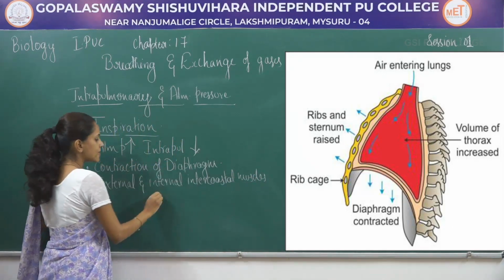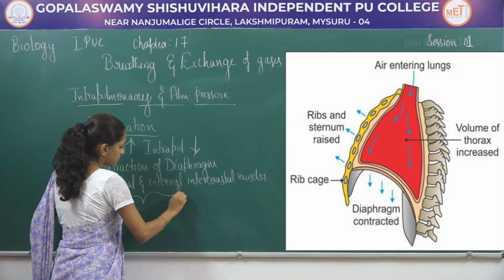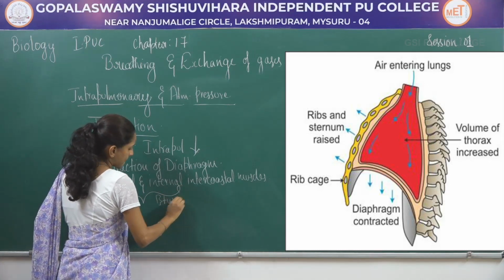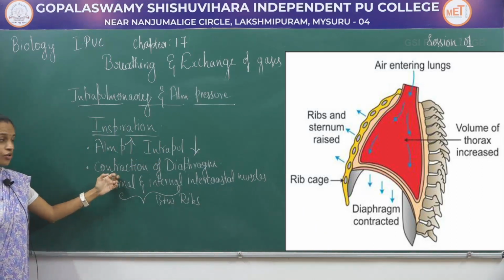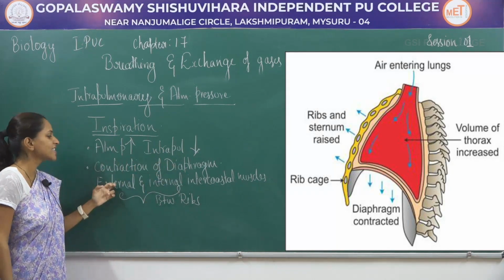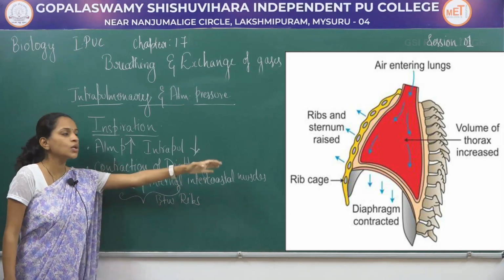These muscles are present between ribs. So there will be contraction of this diaphragm, external and internal intercostal muscle.